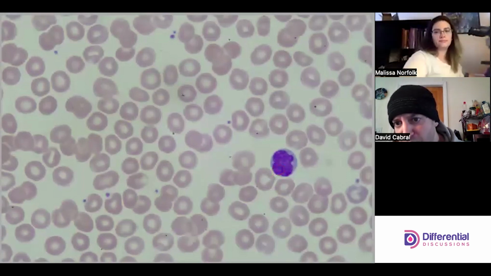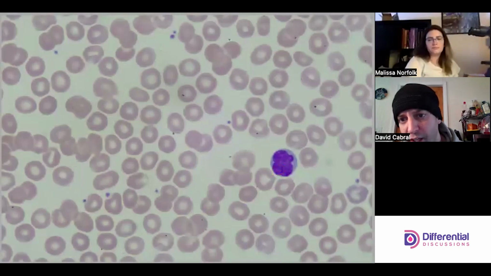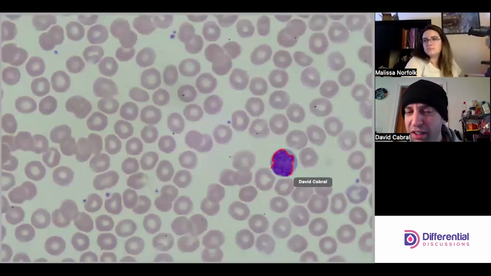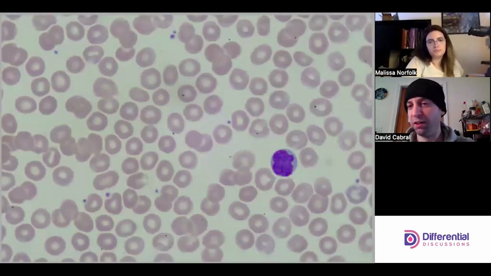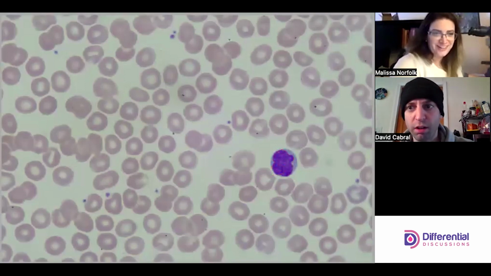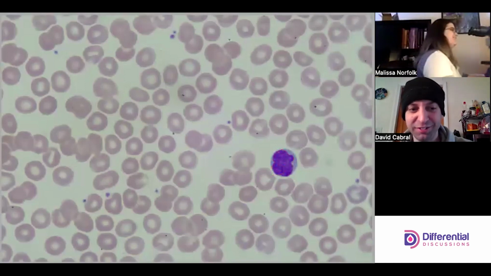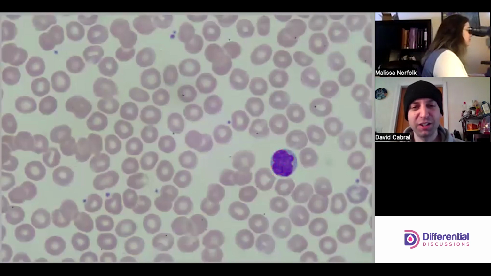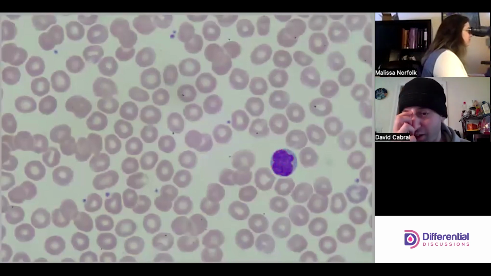But I'm looking at the contours of this cell here, and this is generally not normal. Can you have like one random cell that looks a little messed up? Yeah, you can. But I want to note that and look around a little bit more. Yeah, we got to see if it's the one random one or not. Yes, exactly. But it did look to me like a lot of these lymphs are on the larger side.